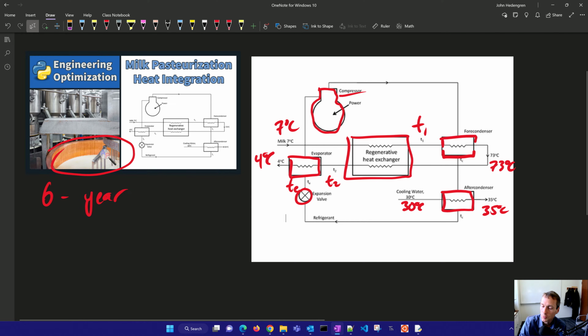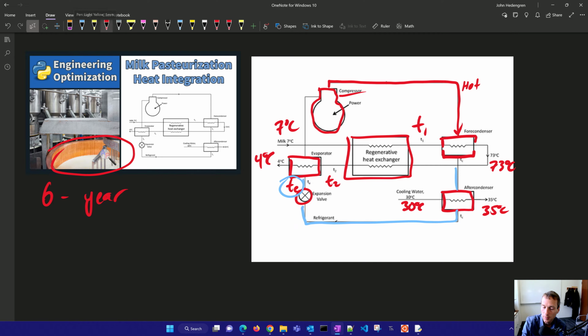Okay, so we have an expansion valve and this refrigeration cycle going on here. This is going to be hot right here, and then after it evaporates, we have the cold when it comes through this expansion valve. That's where it cools off. So we have this refrigeration cycle right here, and then the milk cycle.